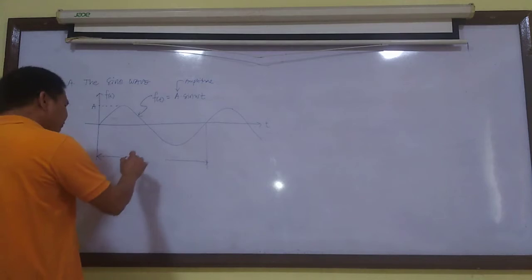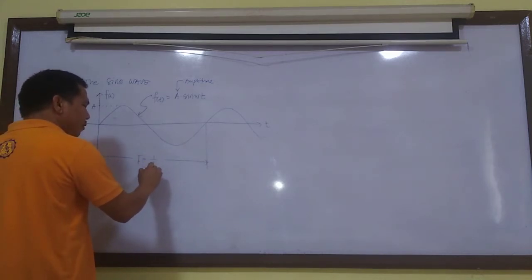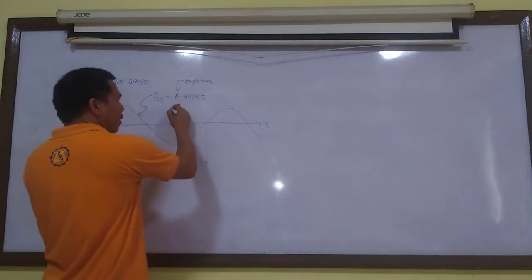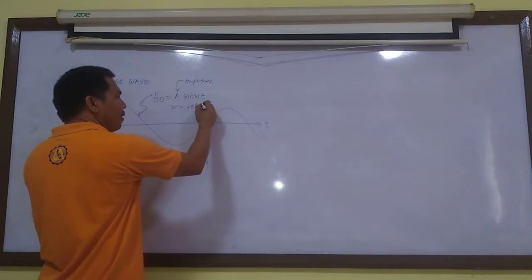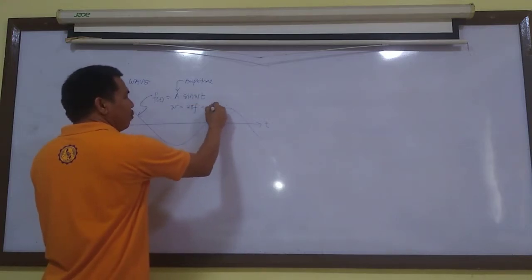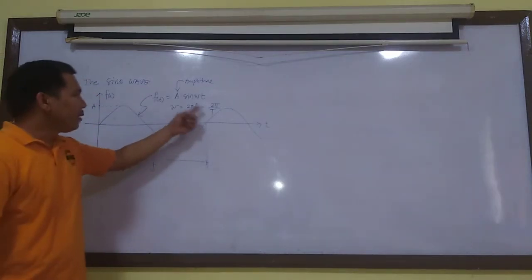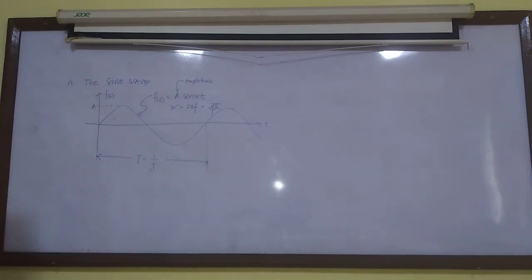We call this your period, or you can label it as 1 over the frequency. And we know that omega is equal to 2 pi times the frequency, or 2 pi over the period. That's how you analyze the parameters of the sine. This is the sine function.